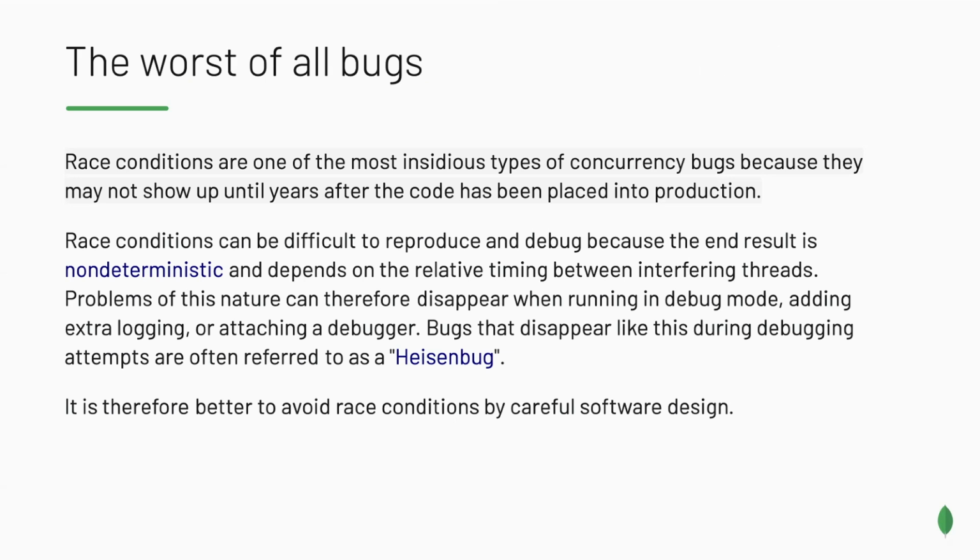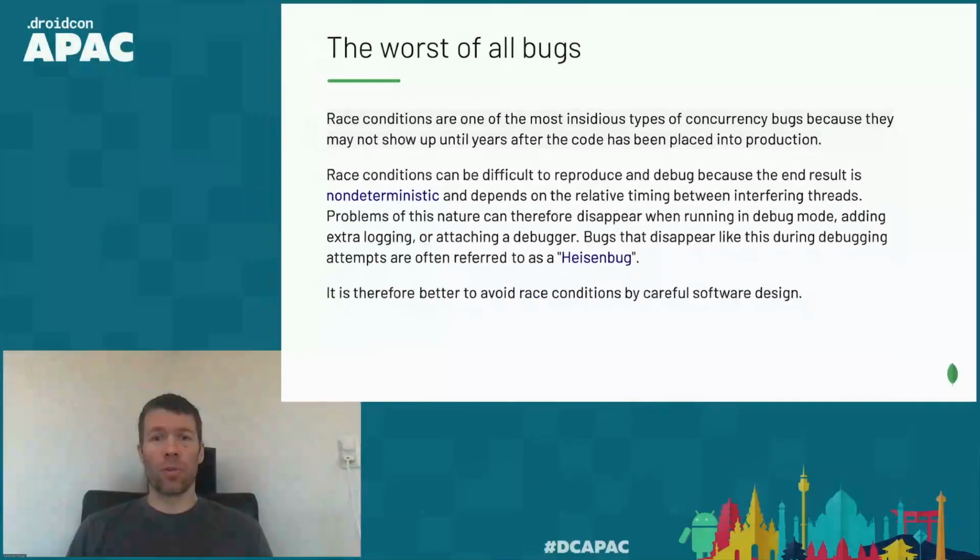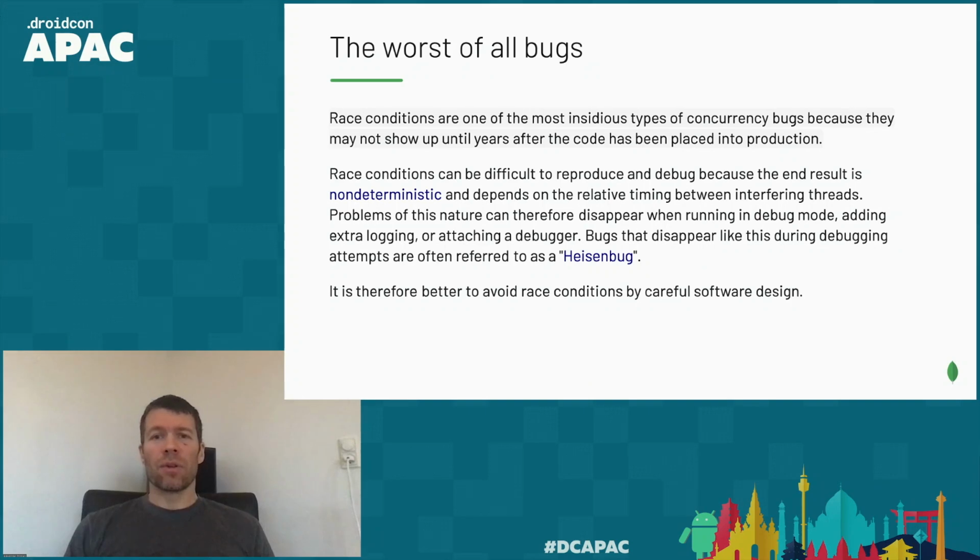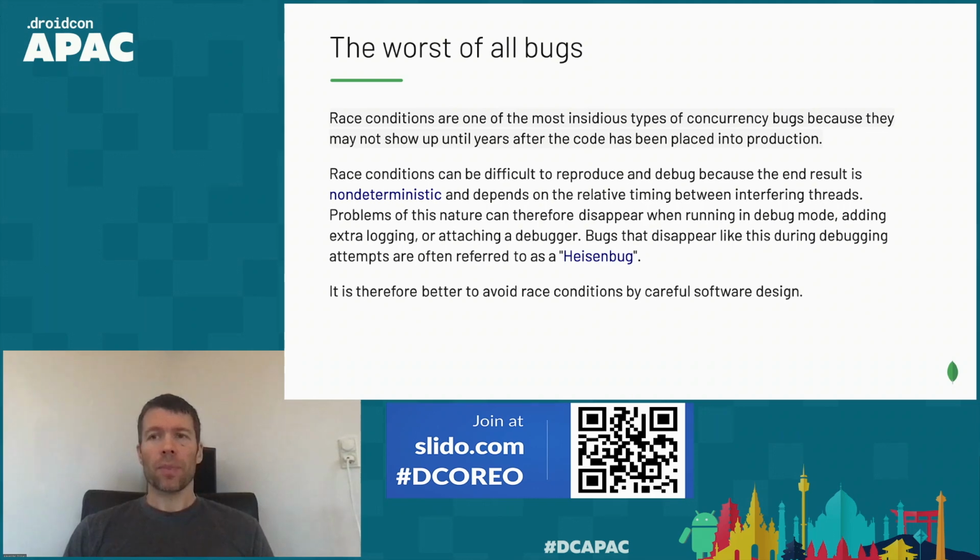So you add logging, and that also changes the behavior. Everything you do slightly changes the timing behavior, and it may or may not trigger the bug. These are the kind of bugs that make everybody pull out their hair, and you spend months just trying to find out how to trigger this bug, and how to reproduce it consistently so you can actually fix it.